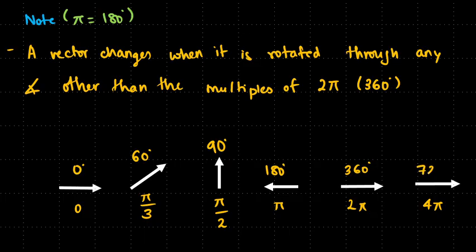So this is 720 degrees, and so on. So as you can see with this one, let's make arrows rather, this one, this one, and this one, we see no rotation, right? So that's what we are trying to say in this note.